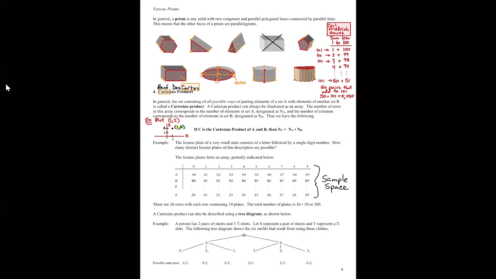So all we're doing is taking the letter A and assigning to it each of the digits from 0 to 9, doing the same thing with B, C, D, E, F, and all the way down to Z.